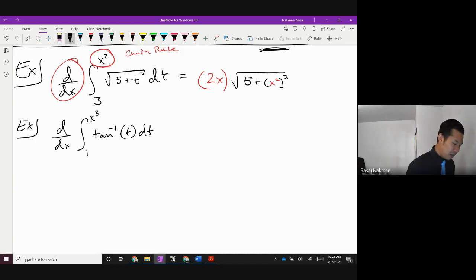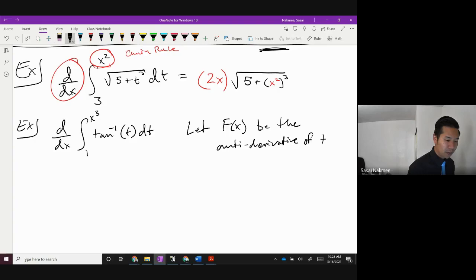So to solve this, let me show you this way instead. Let capital F of x be the antiderivative of inverse tangent of x.